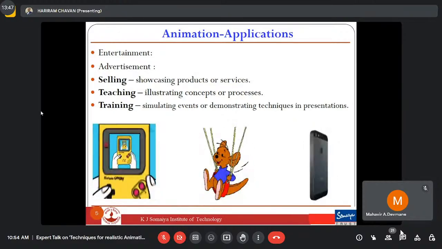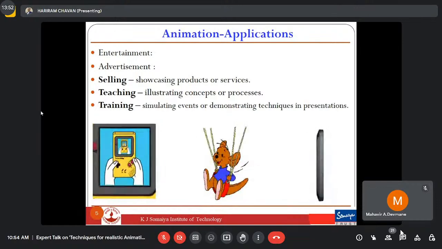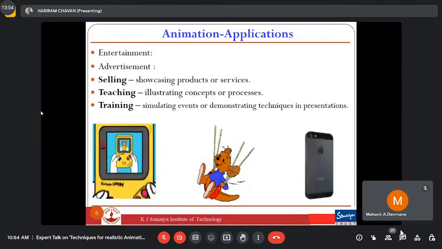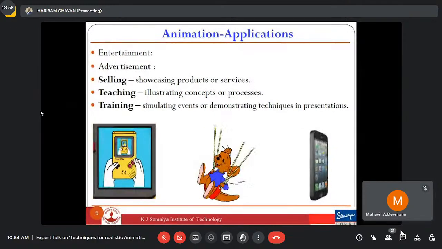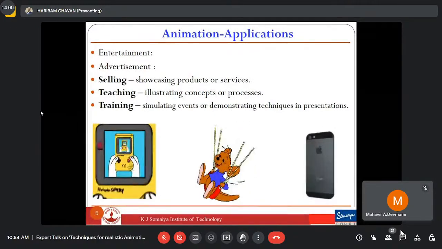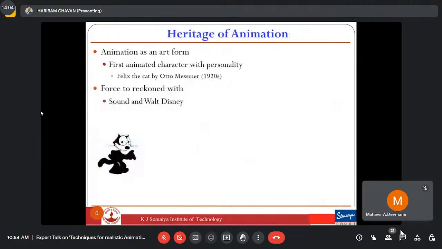You are trying to create almost all situations where you need to take control, and you have to either land safely or take off safely. So the moment you think about the training or teaching-learning process, I think animation is most useful.